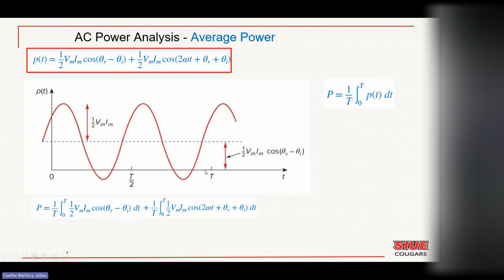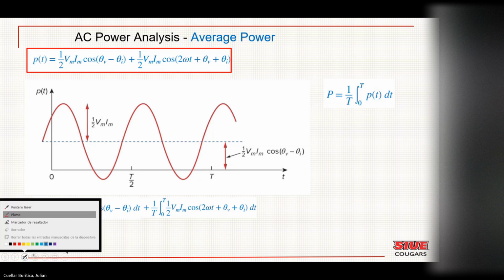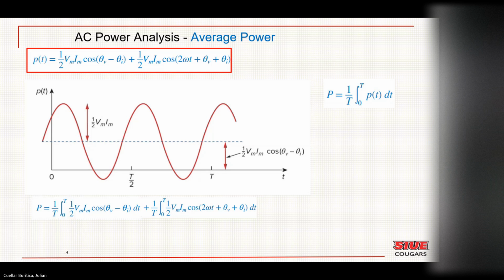Because a sinusoid has the same area at the positive semicycle as at the negative semicycle, this part of the integral is going to be equal to 0. And what we are going to get at the end is just the first part of the expression: 1/2 of Vm Im cosine of the difference between the 2 angles.